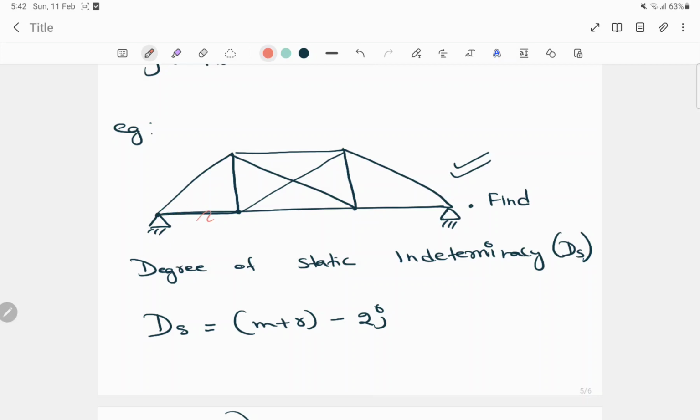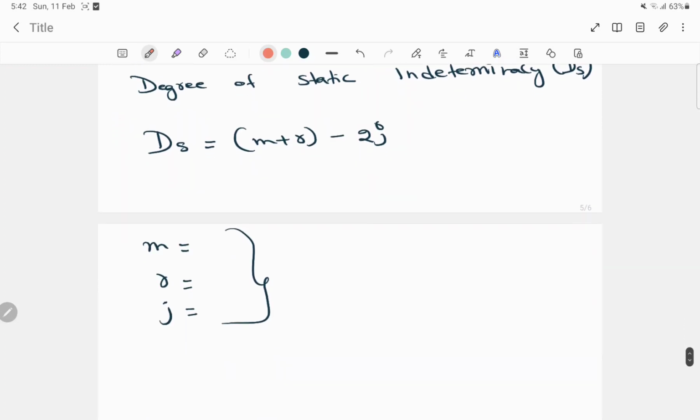This is one member, this is two, this is three, this is four, from here to here it's 5, from here to here is 6, 7, 8, 9 and 10. So in this question we have 10 members, so just write 10.